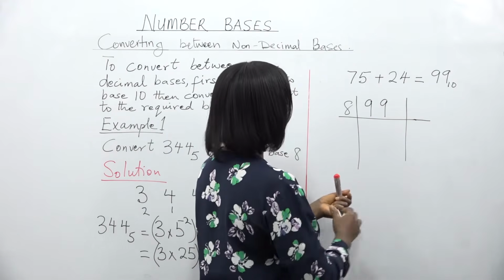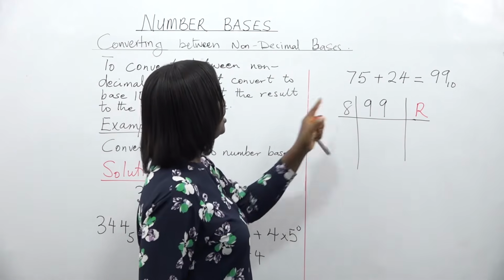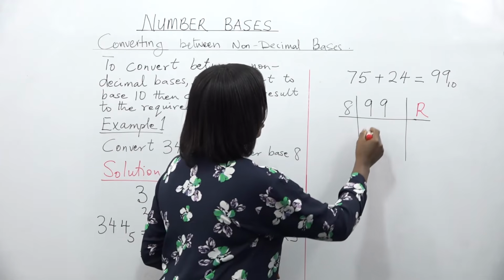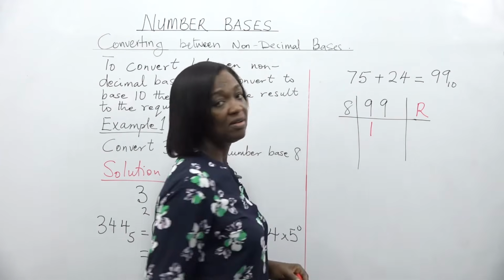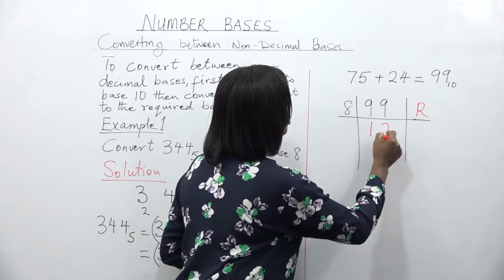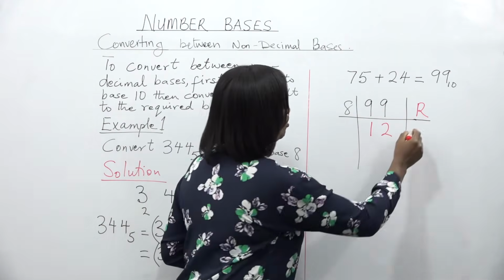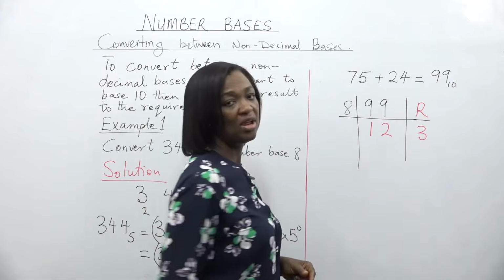I like to write that as R. So 8 into 9, I have 1. Remainder 1. 8 into 19 is 2, 16. 19 minus 16 is 3. So the remainder is 3, and we record it.